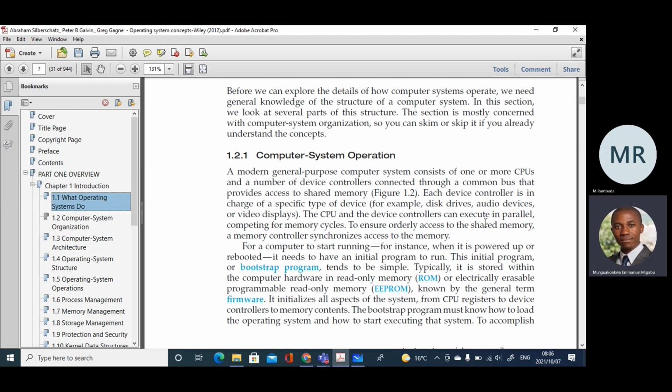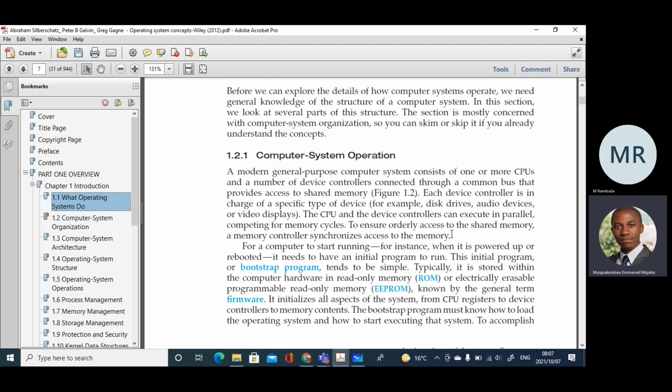To ensure orderly access to the shared memory, a memory controller synchronizes access to memory. So one way this is handled, because not all resource competition has to necessarily be handled by the operating system, which is software.